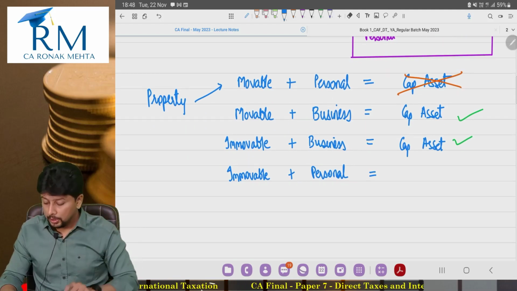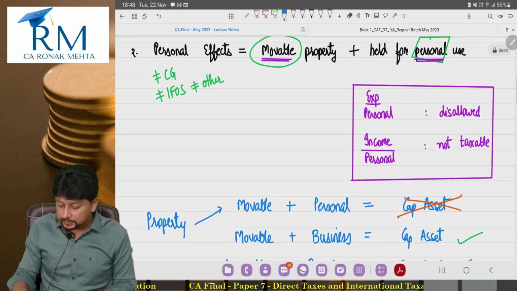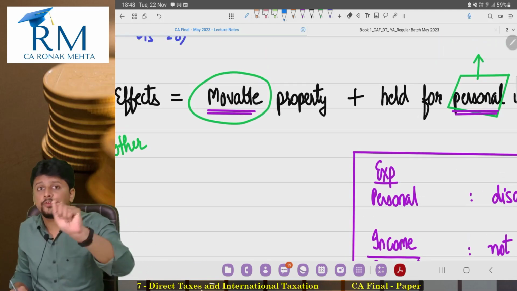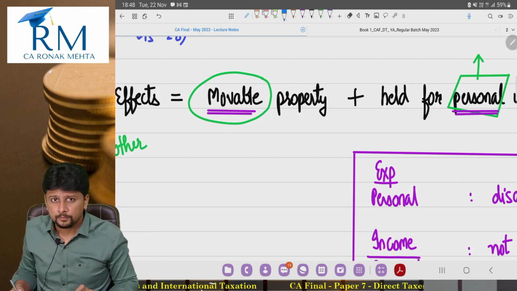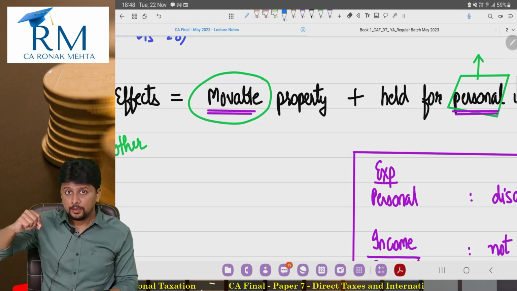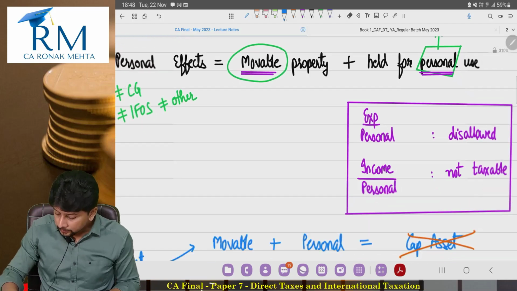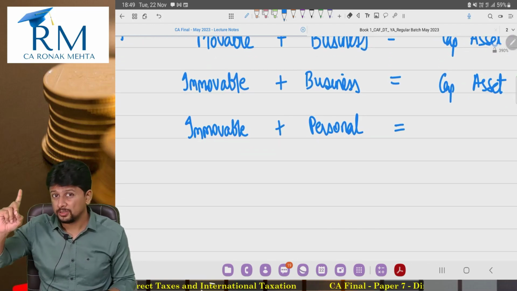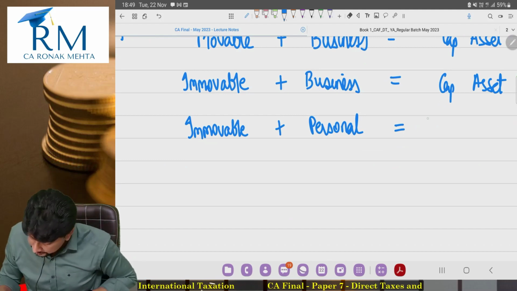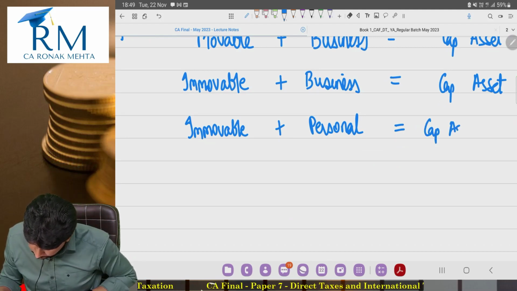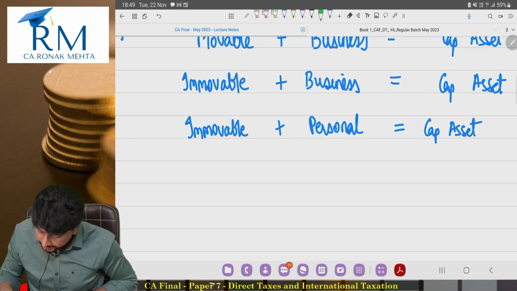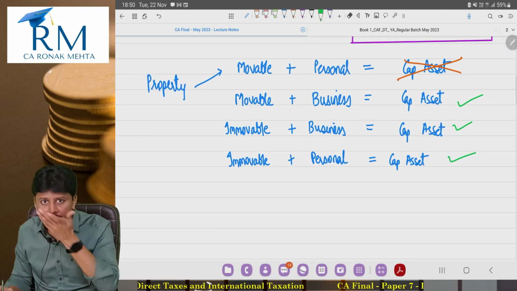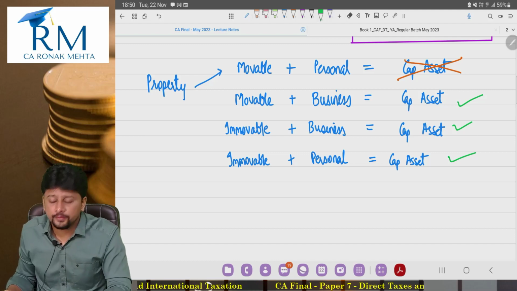No. Personal effects means movable property held for personal use. The place where we stay, our residential flat, that is definitely for personal use, but it is immovable in nature. Is it included in the definition of capital asset? Definitely yes, it is included in the definition of capital asset.